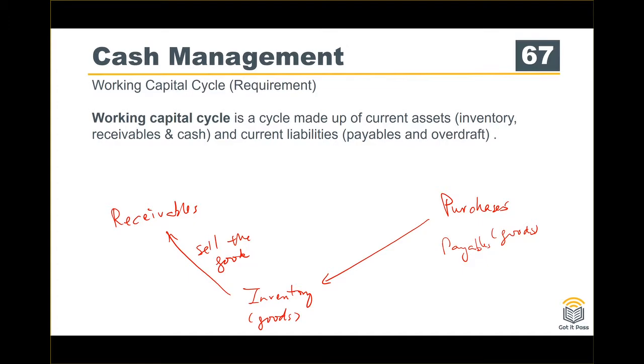And the customer paid you, the payment from the customer, it will become your cash balance, right? So you have the cash to settle the payables or to settle your staff salaries and wages. So it's the form of changing, from payables or purchases to your inventory and then to the receivables and to your cash.